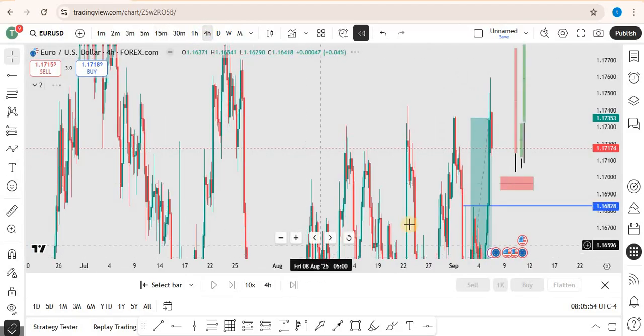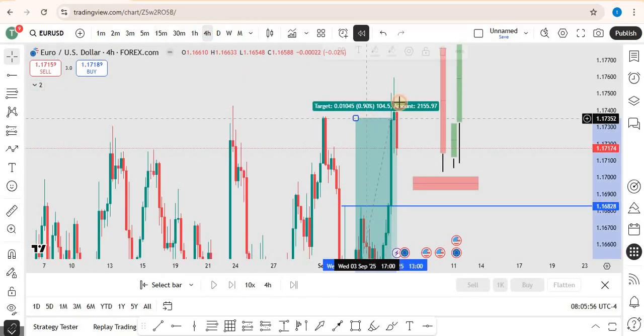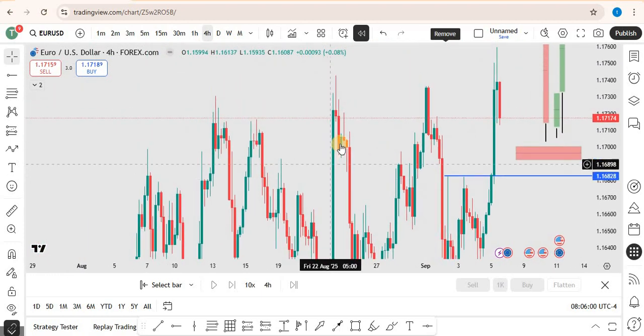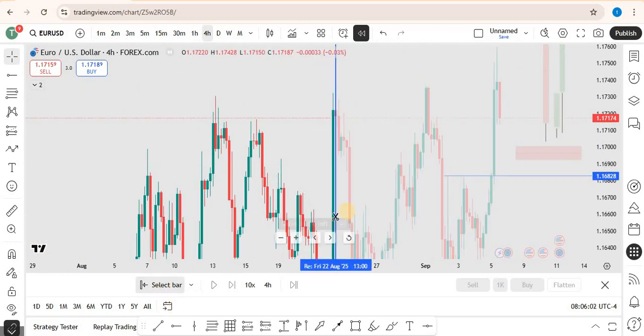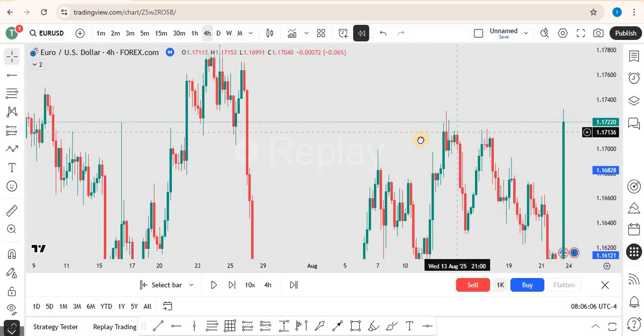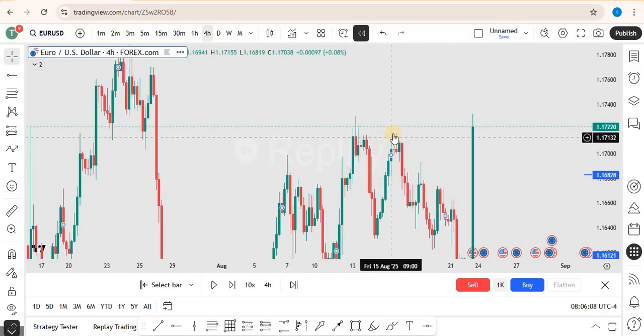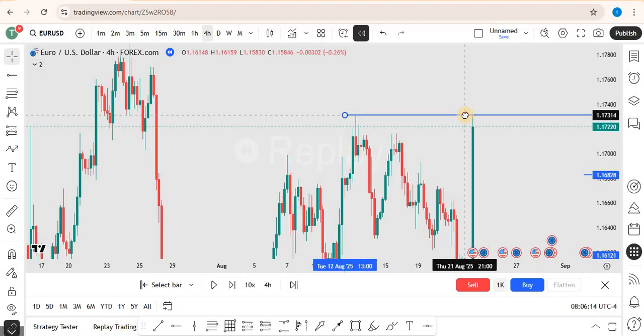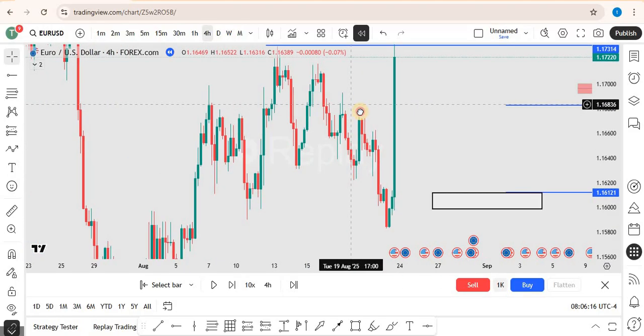Now we go to another example. Let's say we took this. Okay, we have two beautiful lows of this candle, relative equal highs.